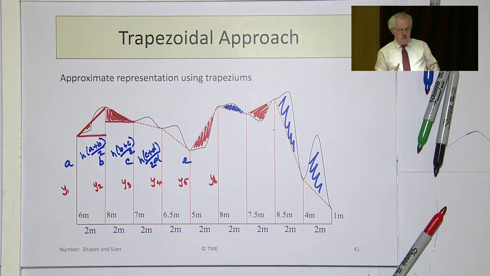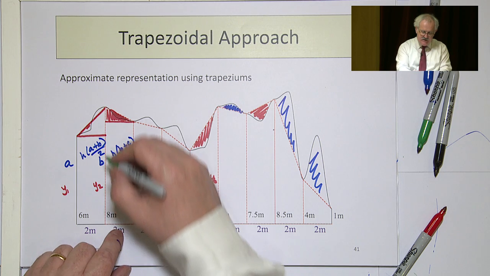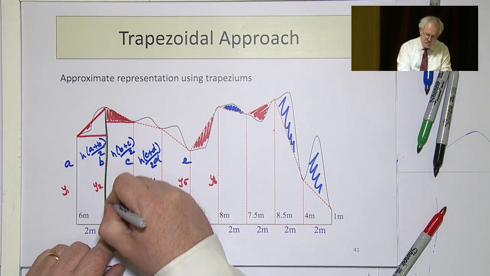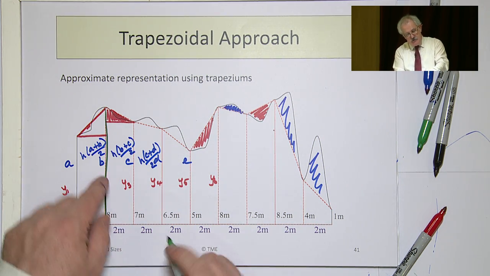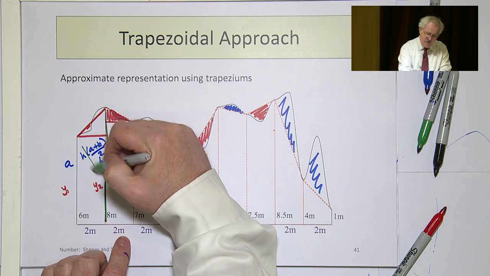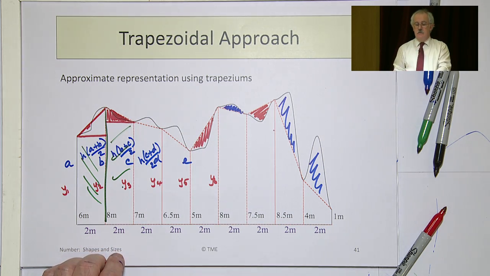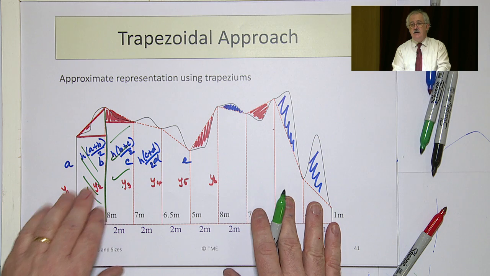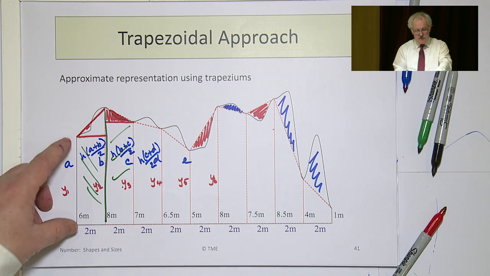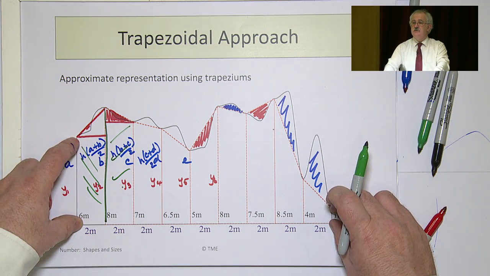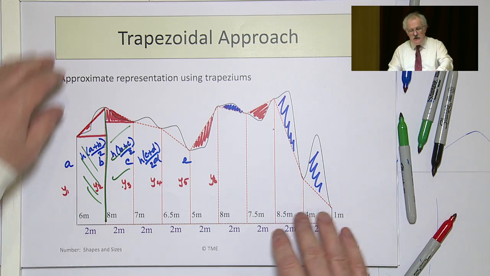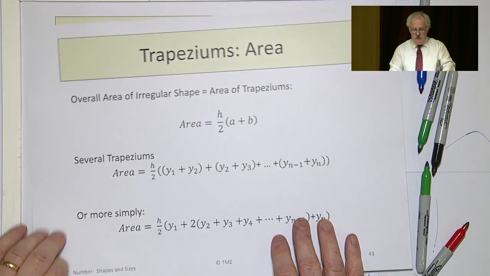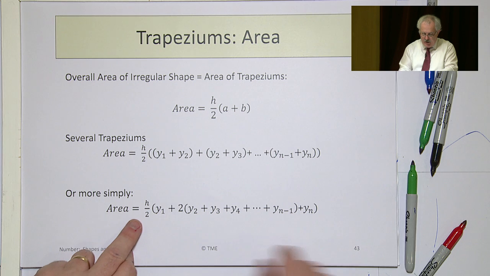But if you see, and you read those, look at those, you'll see that this line here, this height, is both counted on this trapezium and on this one. And every one in the middle is counted twice, except for the end ones. That's only counted once, and that's only counted once. So you get a huge formula, and it comes out like this. It says the area is H over 2.